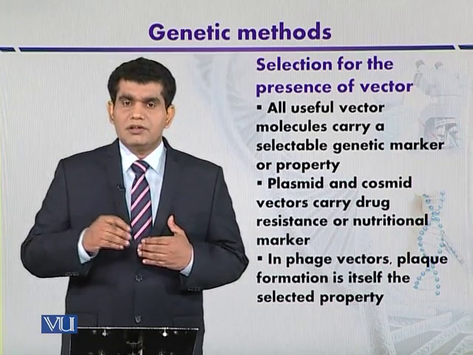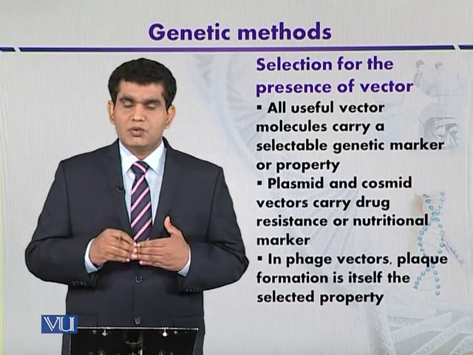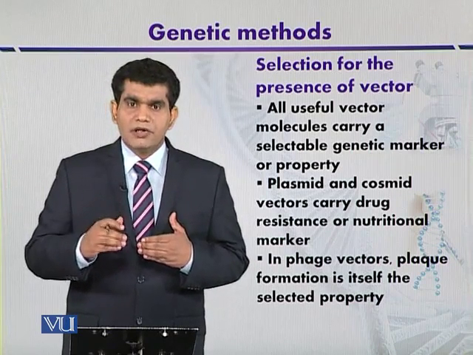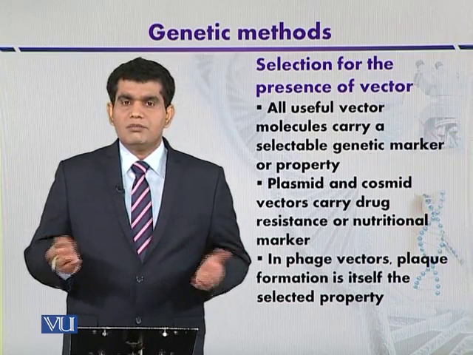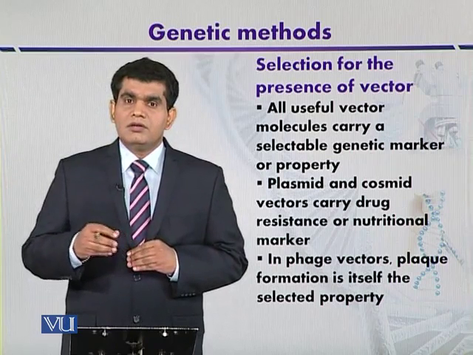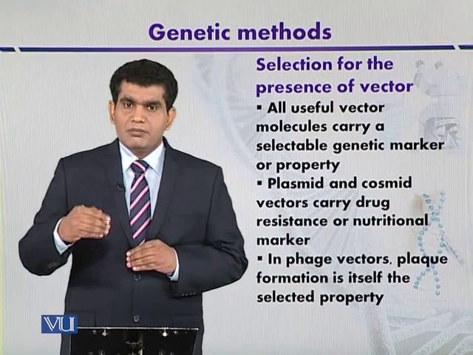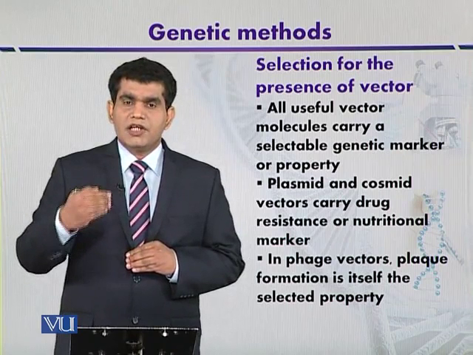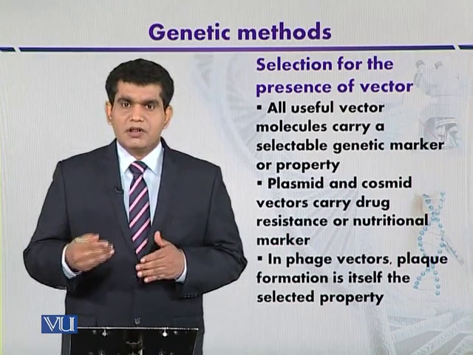If the selection is based on drug resistance, then after introducing the recombinant vector, which may be a plasmid or cosmid, the host organism can be grown in the presence of selection pressure, like antibiotics.